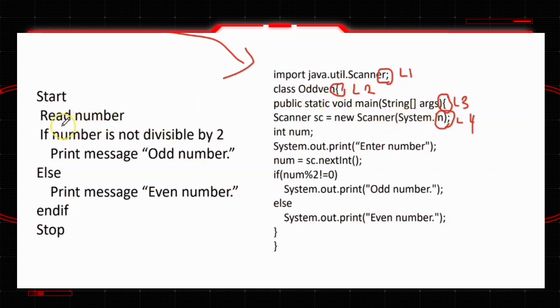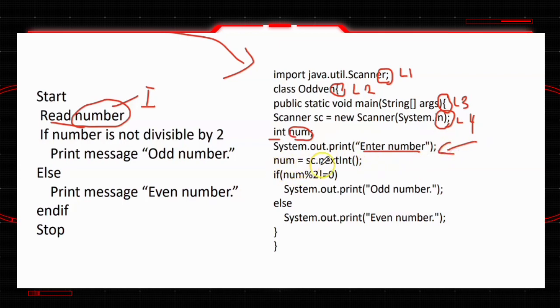So for the read number, this one is the input. So this variable, make sure when you write the complete program, you include the data type. So int num. Okay, System.out.print enter number. So this one is mainly for user friendly coding.